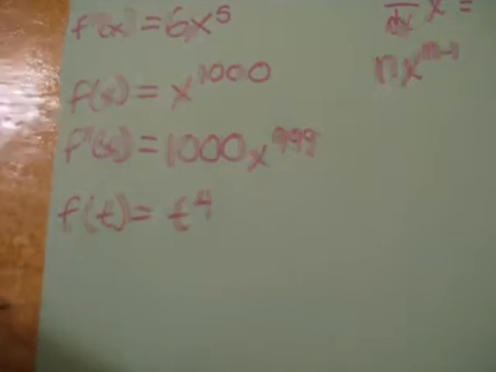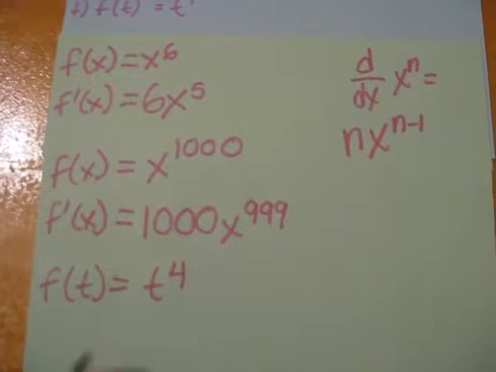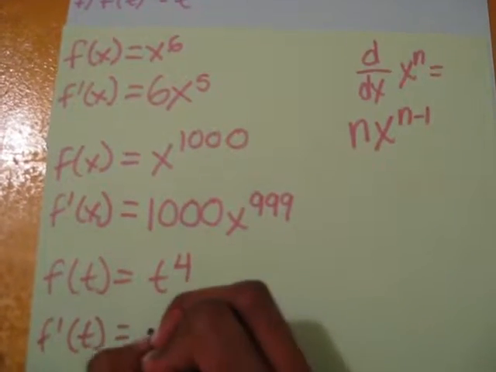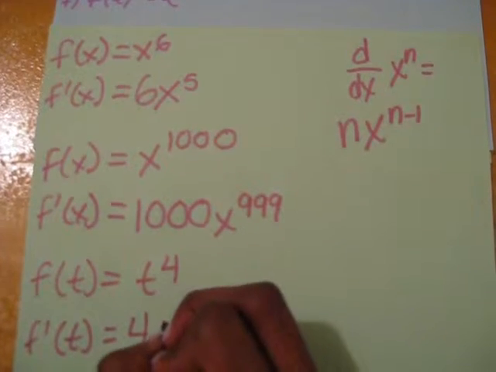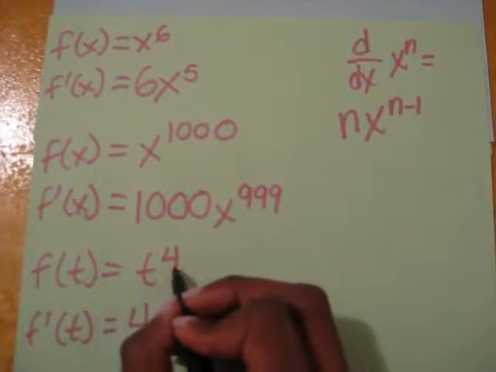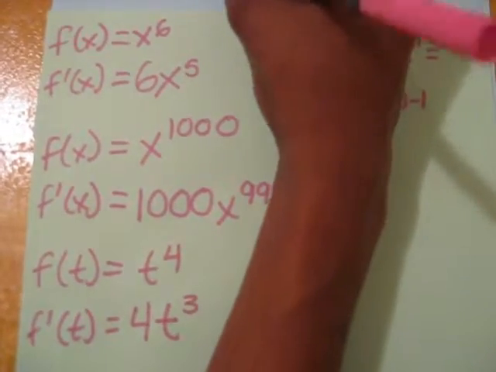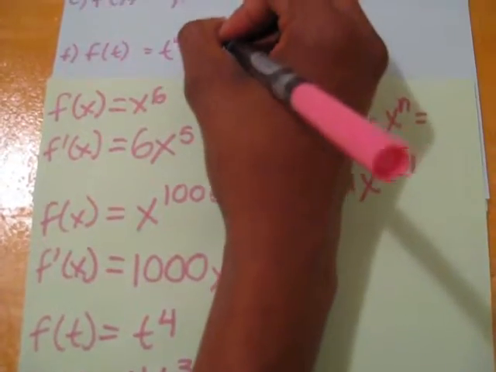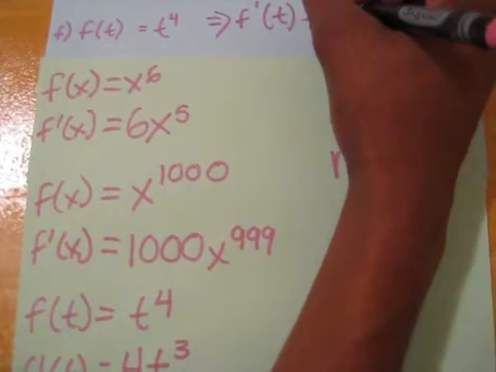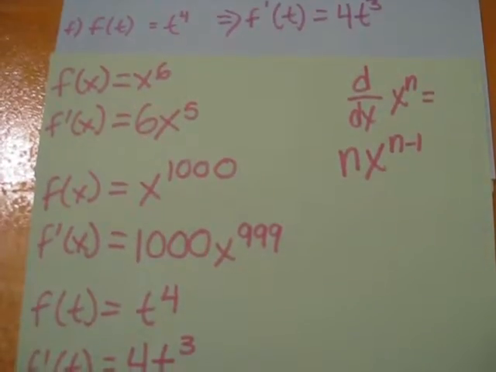Now f prime of t, based on our power rule equation, we get, bring down the 4, leave the variable, and then 4 minus 1, which is 3. There we go.